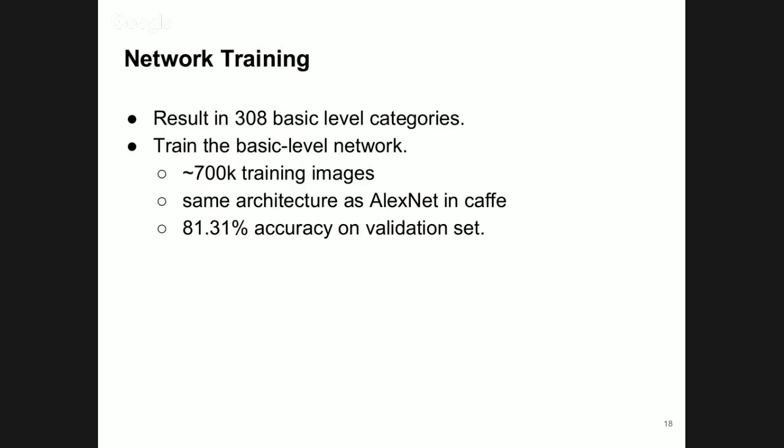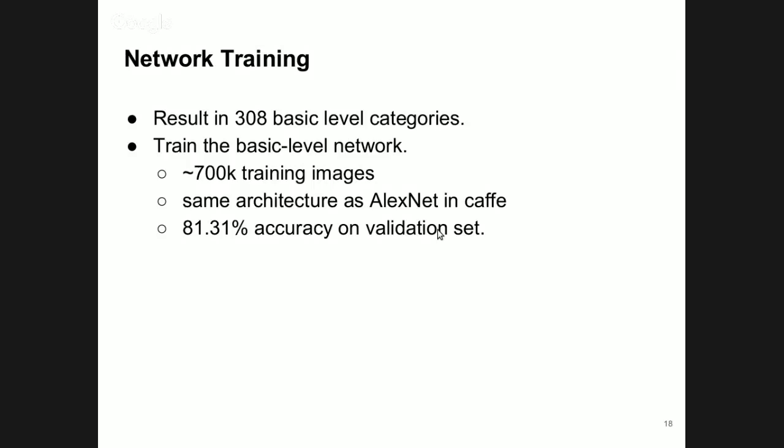I have at most 4,000 training images per category, because, like we already saw, the dog category may contain so many objects that it may bias towards that category if we have too many dogs. In total, I have 700K training images compared to 1.2 million training images for the 1,000 way classification. And I get 81% accuracy on the validation set for basic level classification.